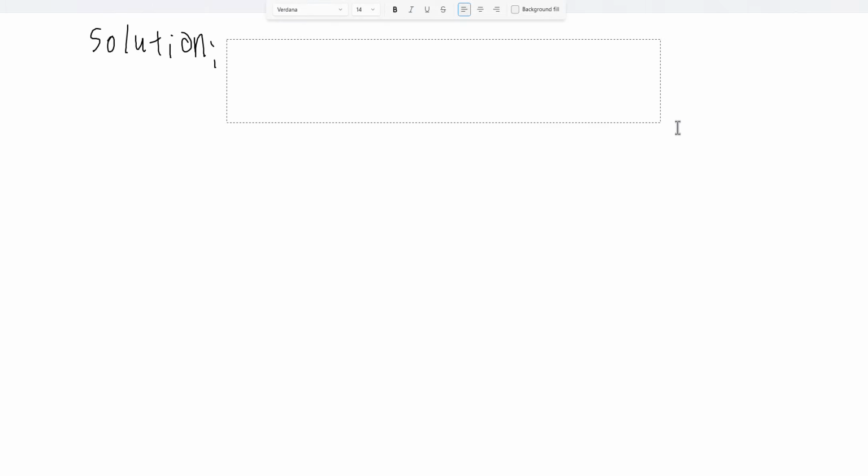So now, what solutions are, and I'm going to give you a formal definition here and basically an informal definition. Here's the formal definition, and I'm going to type this out: a homogeneous mixture of two substances. Sorry, I was blanking.